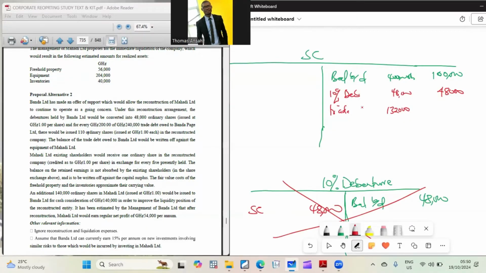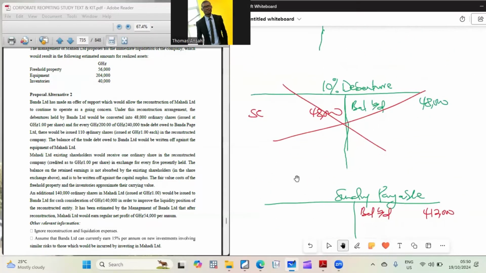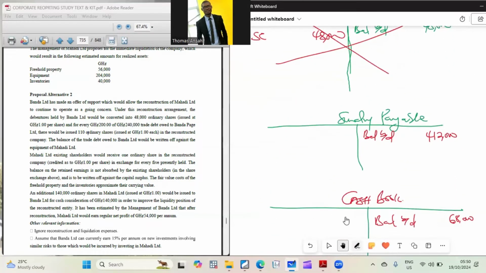Take note of those ones that I'm putting in red. It's very important. As far as the stated capital is concerned, we will see what we will do about that. So that makes it 132,000 cedis. All right. But the trade payable is going. The 240 is going. So 240 went to stated capital.